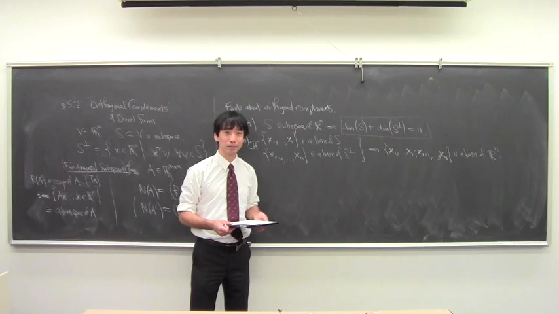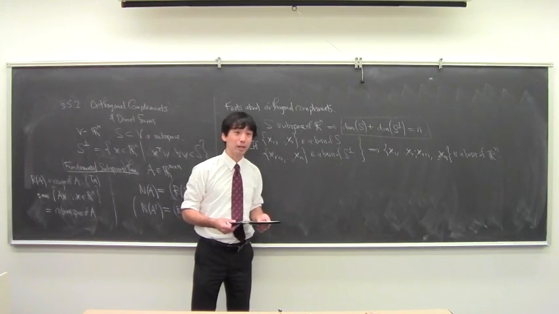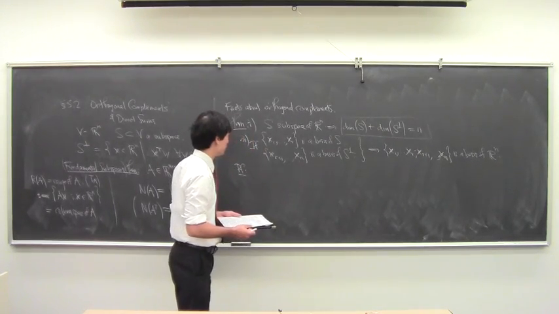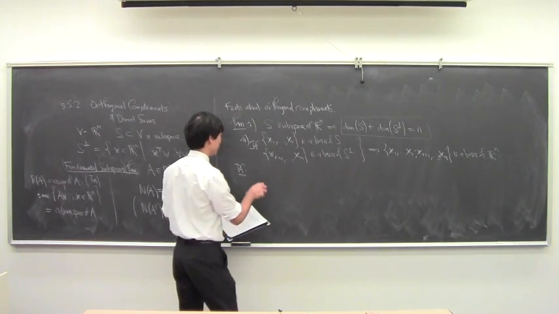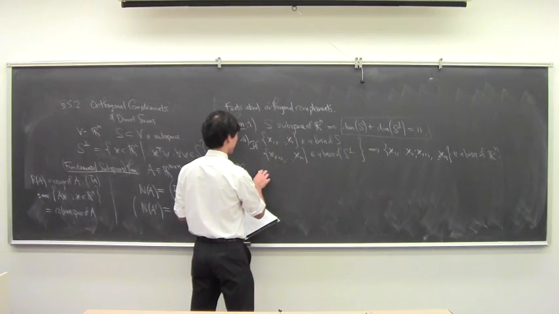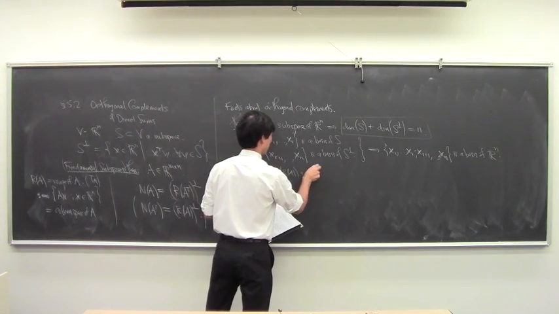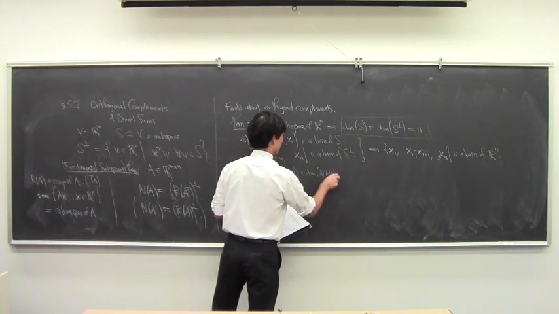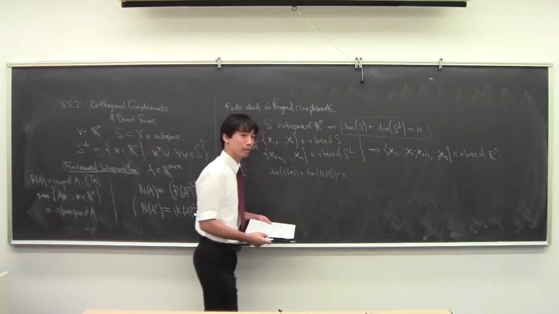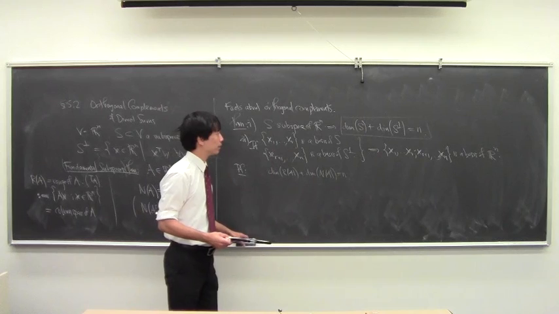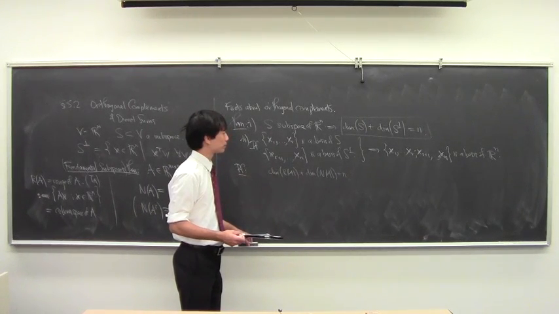Haley? Rank of A plus the nullity of A equals n. Yeah, so the rank theorem: the dimension of the range plus the dimension of the nullity equals n.